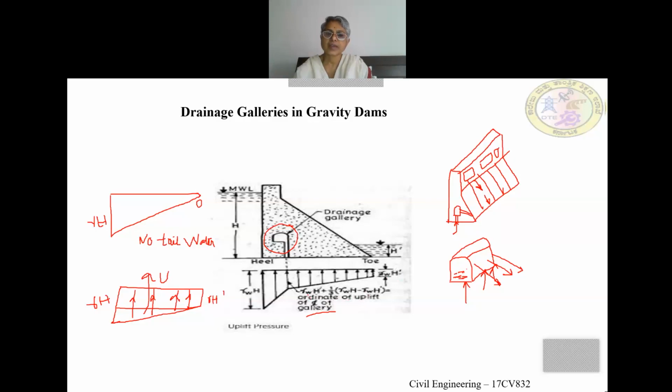The uplift pressure at this particular point is gamma w into h dash, plus one third of gamma w h minus gamma w h dash. You have to remember this expression. So this is the ordinate here.